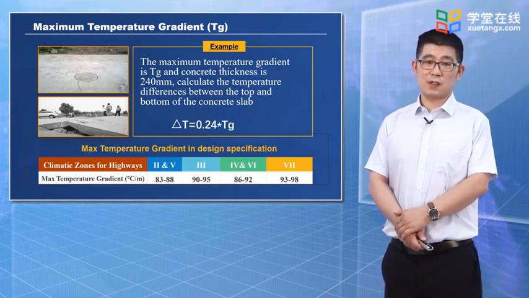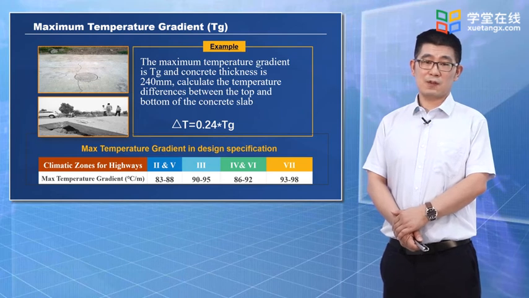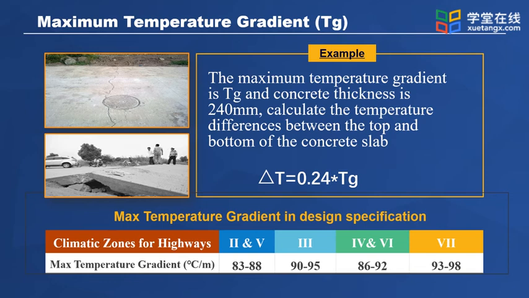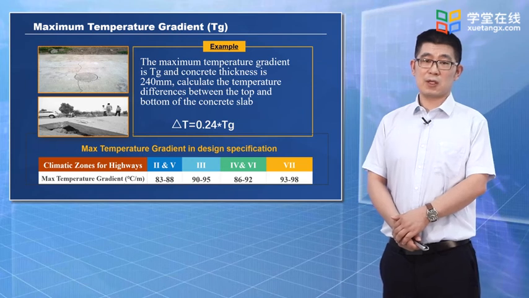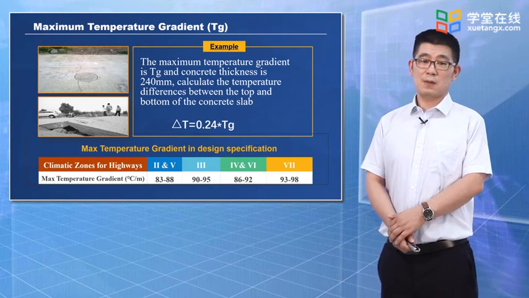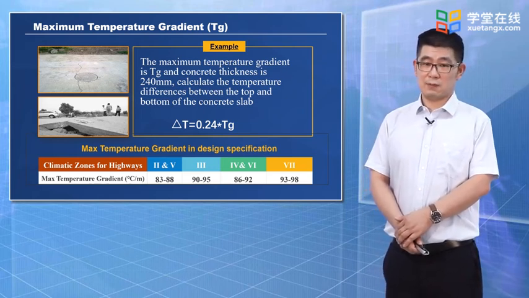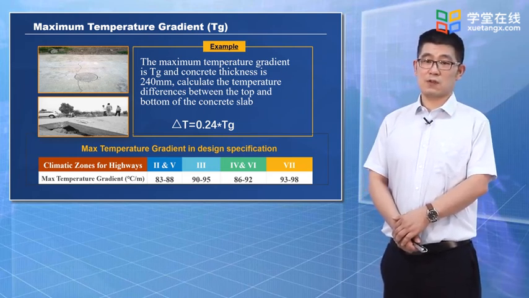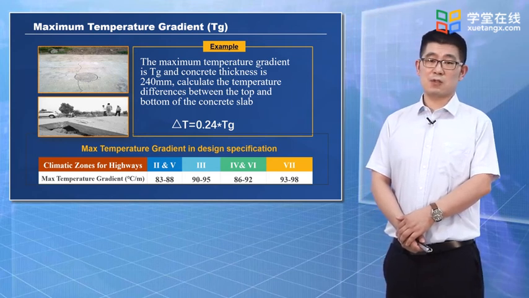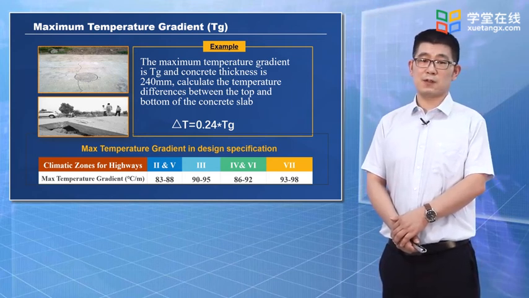As shown in this example, the maximum temperature gradient is TG, and the concrete thickness is 240 millimeters. The question is, calculate the temperature difference between the top and the bottom of concrete slab. The solution is delta-T equals 0.24 times TG. The TG in the equation is critical to concrete pavement design.